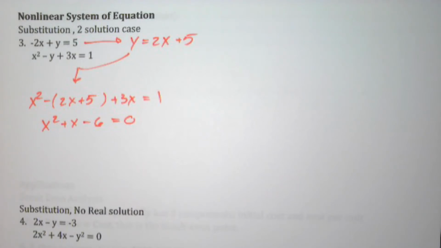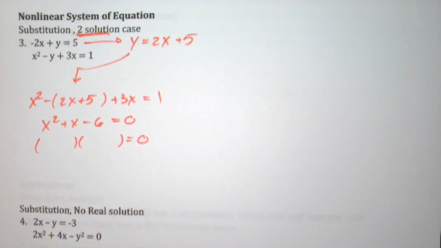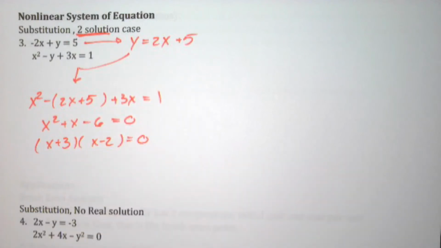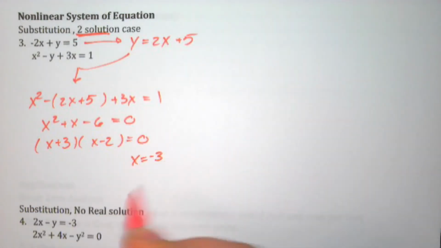In the other problems, we would solve and get some value for, say, x, and plug it in. Here we have something quadratic, which means we could have up to 2 solutions. In this case, you know to expect 2 different solutions. So we can factor this. We factor this, we get x plus 3, x minus 2. So then we get 2 cases: the case where x is negative 3 and the case where x is 2.